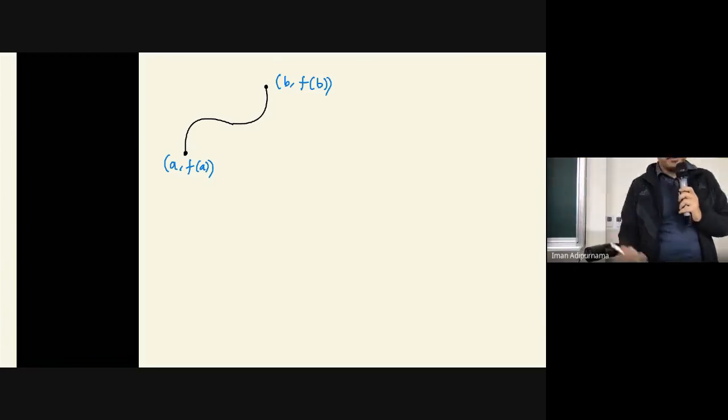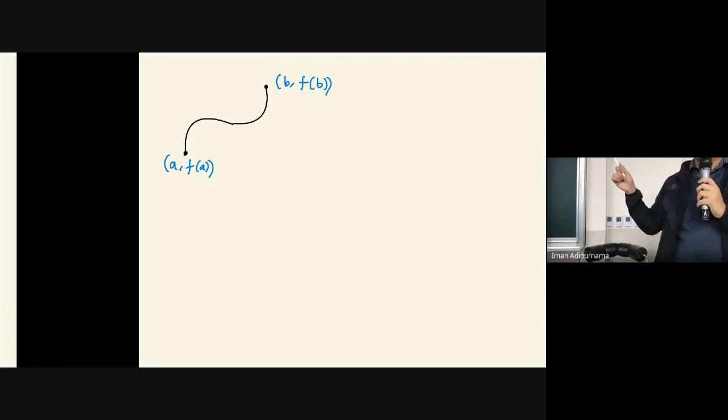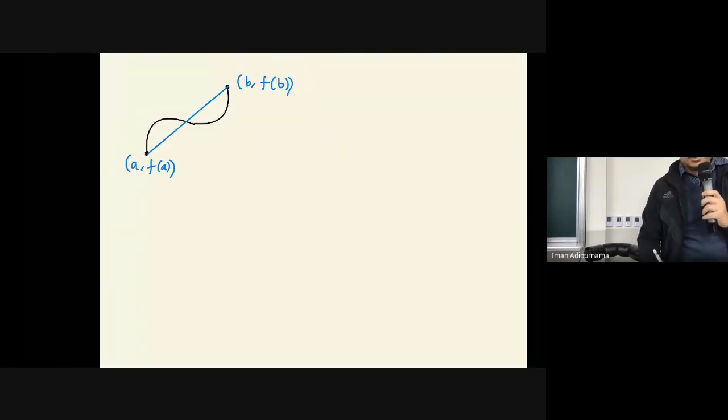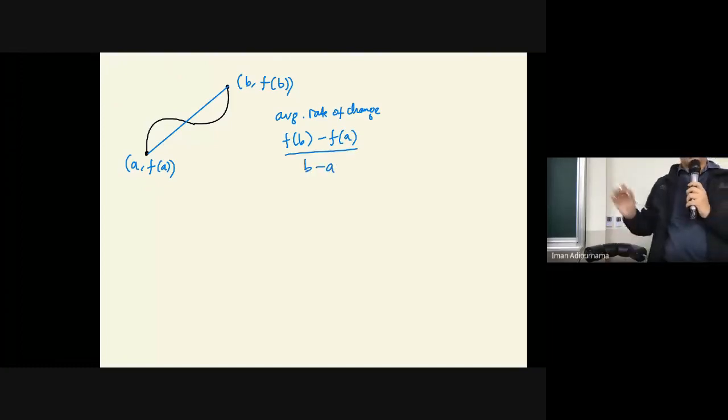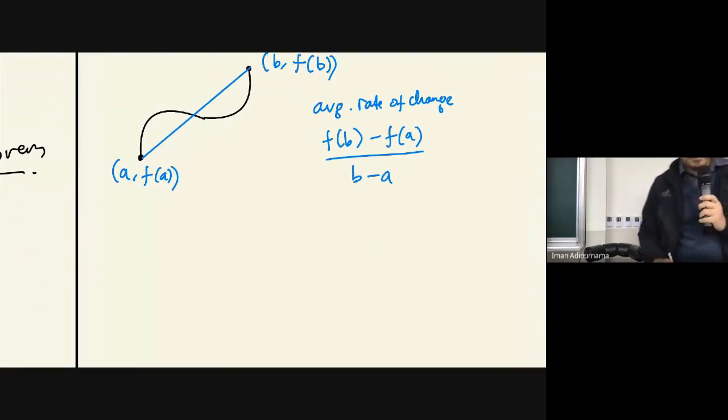The average rate of change in this interval is the endpoint on the left and the endpoint on the right connected with one line. This blue one is the average rate of change, which is f of B minus f of A divided by B minus A. Got it?